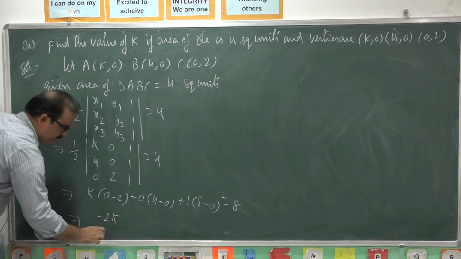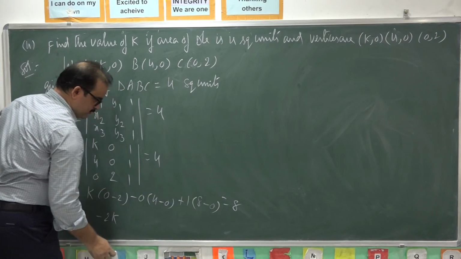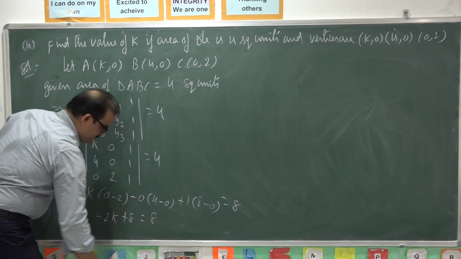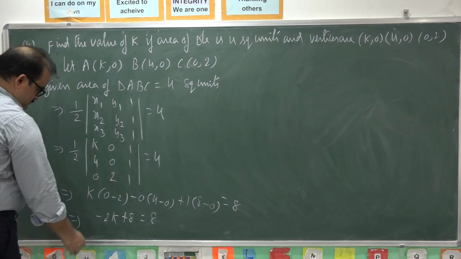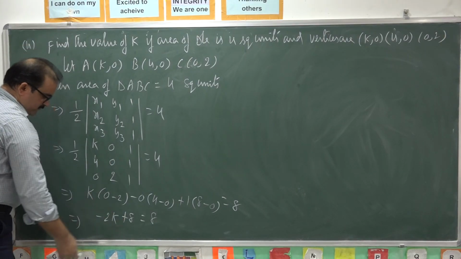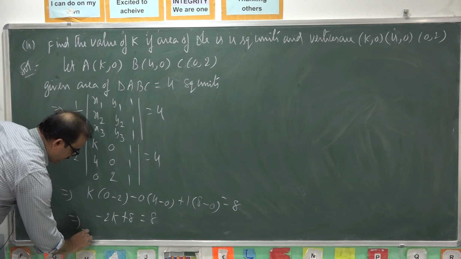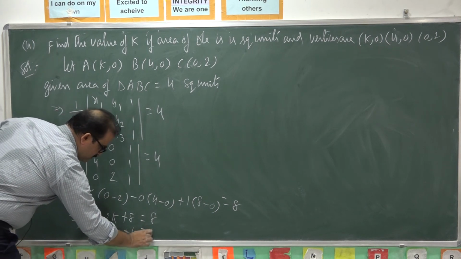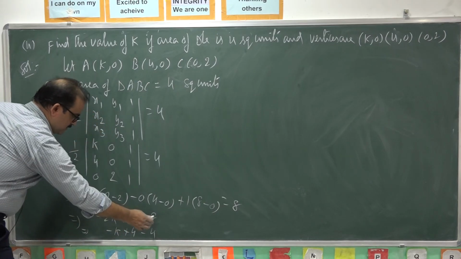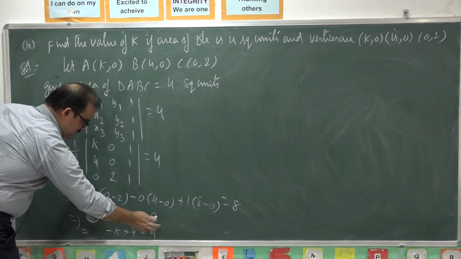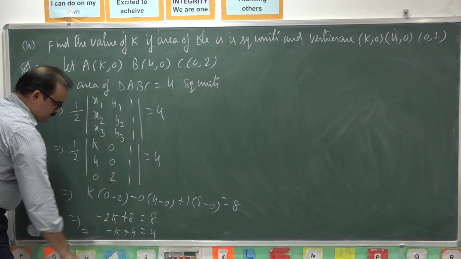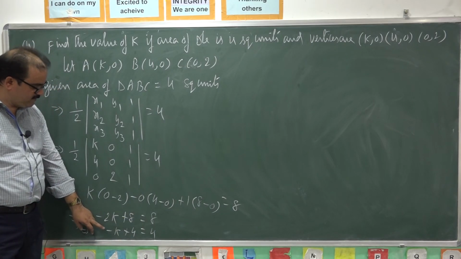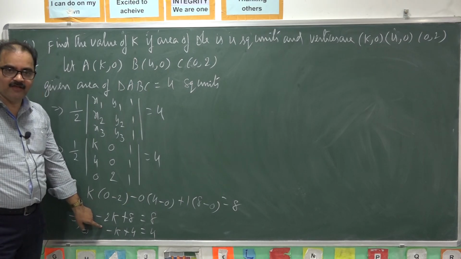Minus 2k, 0 into anything 0, plus 8 is equal to 8. Now take 2 common from LHS. What we get? Minus k plus 4 is equal to 4. This 2 and this 2 cancel 4 times. You get minus k plus 4 is equal to 4. But the area of the triangle is the absolute value of the determinant.